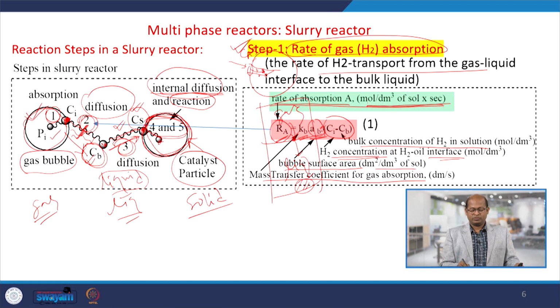Ab has units of dm squared per dm cubed of solution, concentration has units of mole per dm cubed, and the mass transfer coefficient Kb has units of dm per second. So this is equation 1.